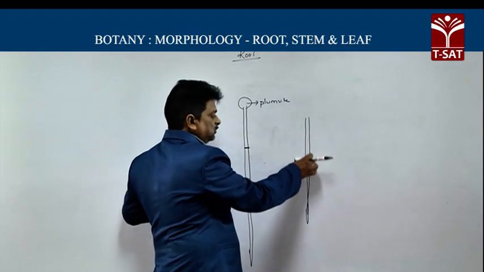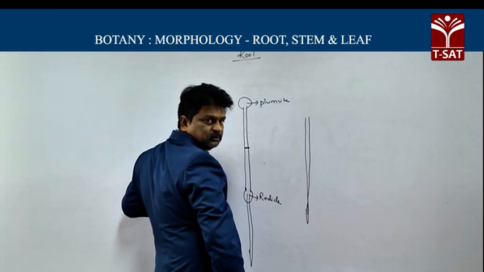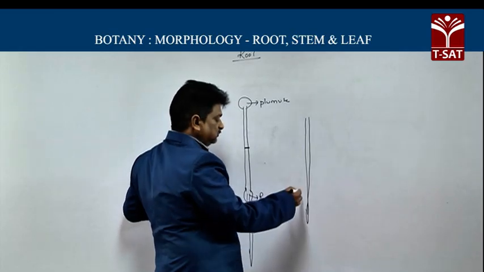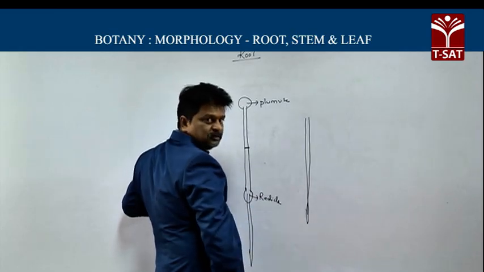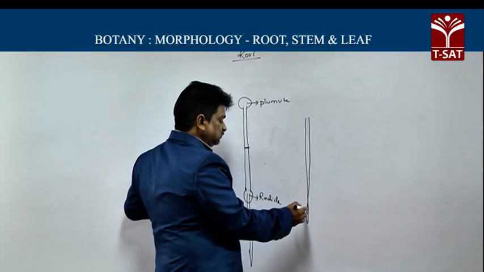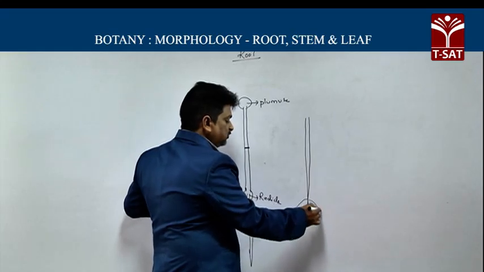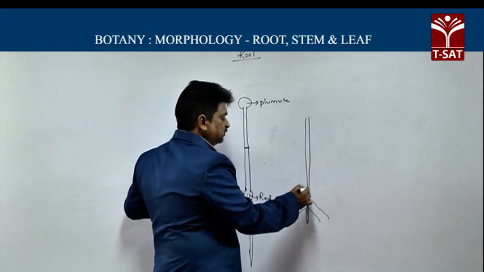Generally, growth of this taproot towards the soil is called positive geotropism. This tap or main root gives lateral roots.